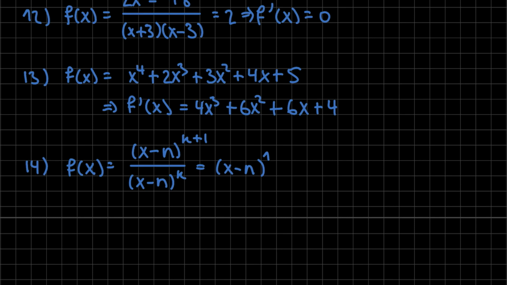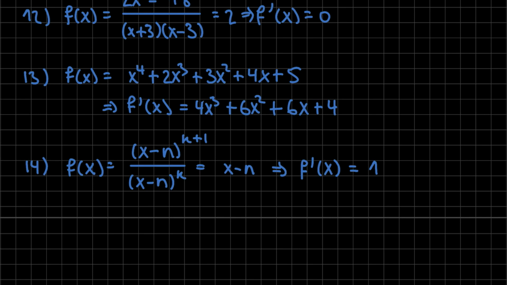And a power of 1 doesn't have any effect, so this is just x minus n. And n is, remember, a constant. So the derivative, f dashed of x, will just be the derivative of this, again, since n is just a constant. And the derivative of x is just 1, so that's also the derivative of our entire function.